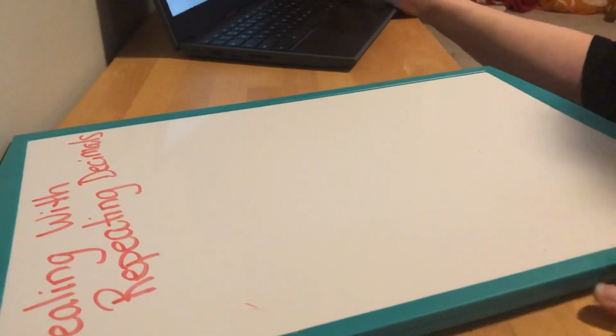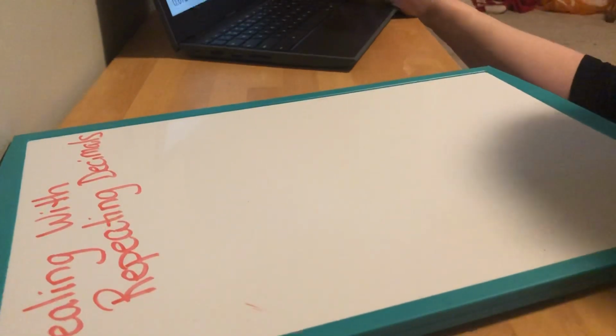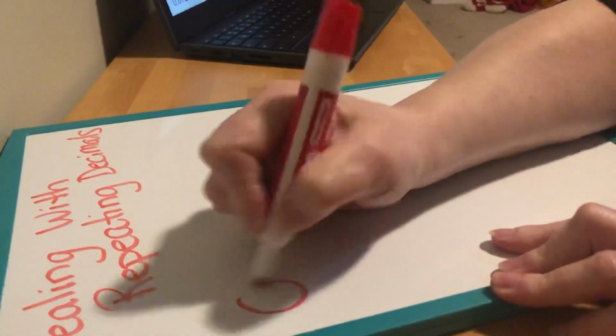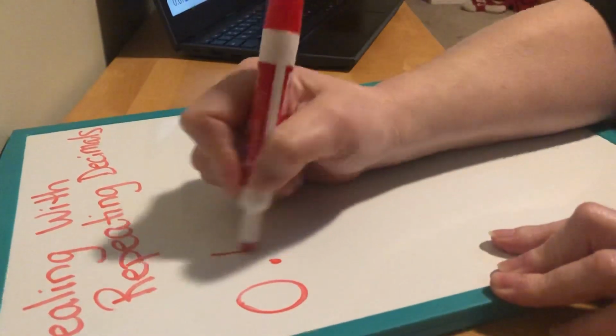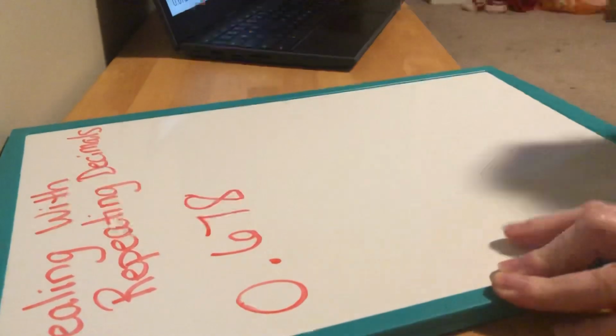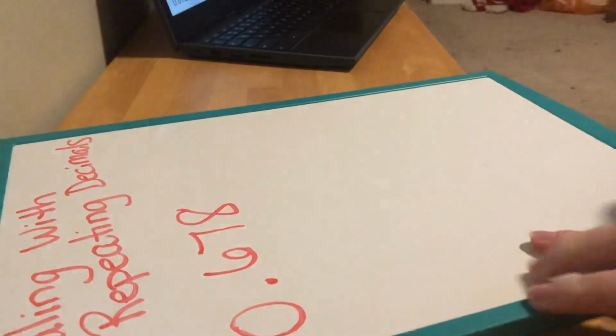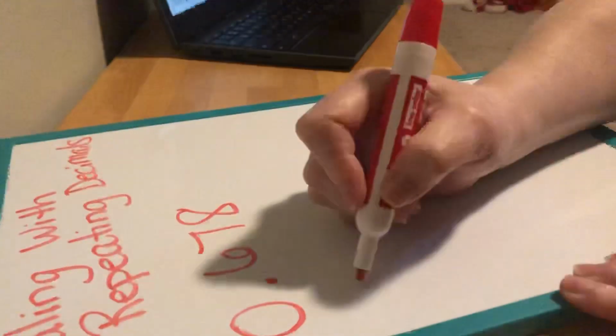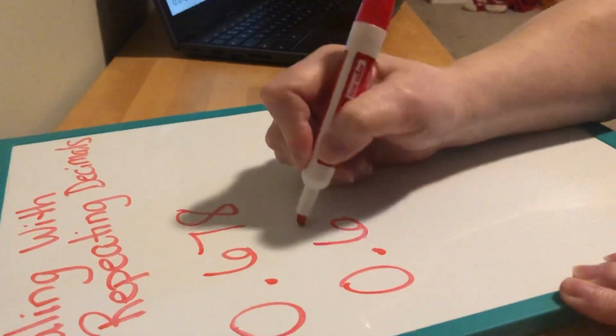So there are 2 pages of quick questions on that one. And then it asks us to compare. Our example is 0.678, which is a terminating decimal, and we want to compare that to 0.67 with the bar.